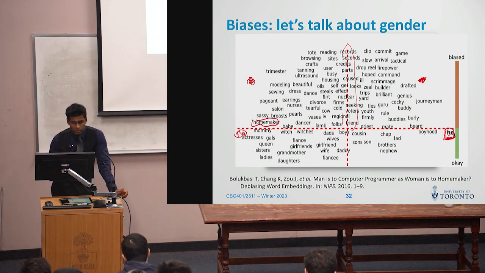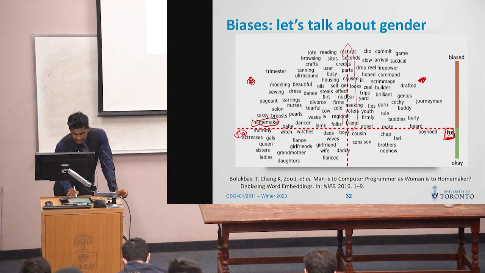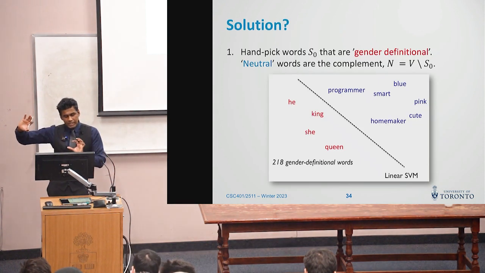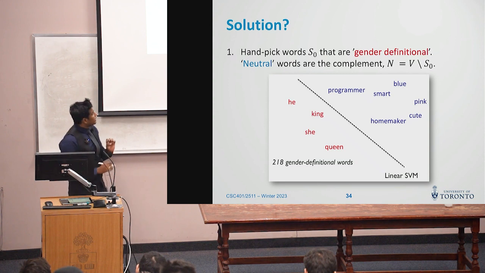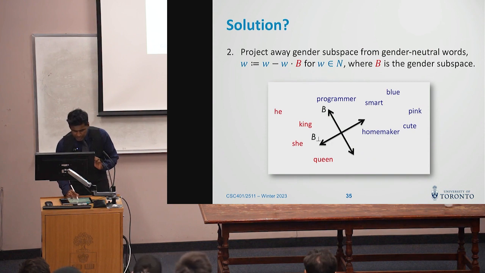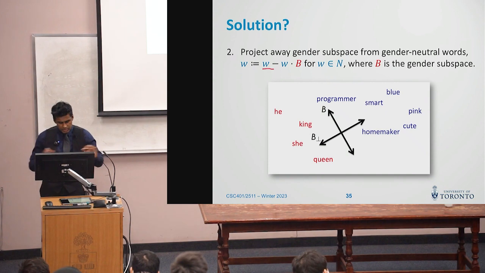And then you have the neutral words, which are in blue, like programmer, smart, pink, cute, homemaker, etc. So the solution is that we take the gender-neutral words and project them away from the gender definitional words. What we want is to somehow collapse all these blue word projections in the center so that they're equidistant from the gender definitional words, so they're not related.